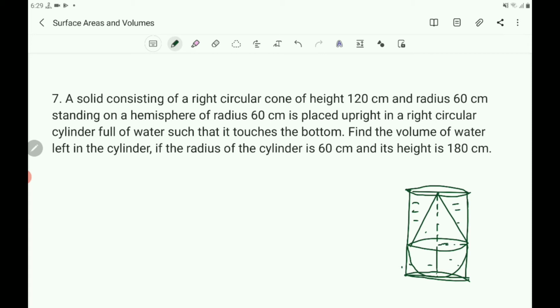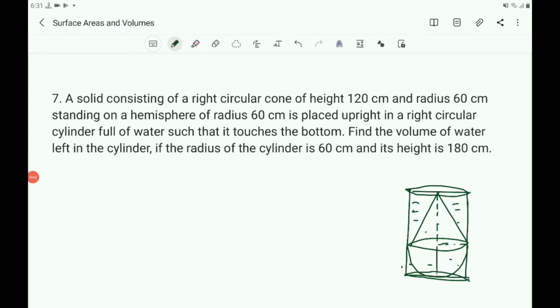The solid having the shape of a cone mounted on the hemisphere is placed upright in a right circular cylinder full of water. And we have to find the volume of water left in the cylinder if the radius of the cylinder is 60 centimeter and its height is 180 centimeter.